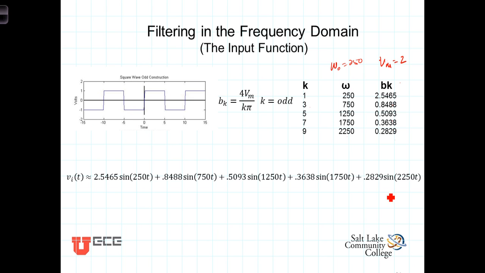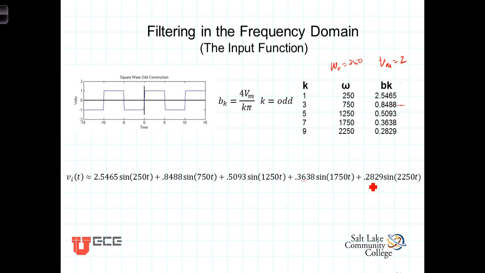It would have an infinite number of terms if it were going to be exact, but we can approximate it by this b sub k times the sine of 250t. The amplitude of that component is 2.5465 sine of that, plus that b sub 3, that b sub 5, that b sub 7, and that b sub 9.